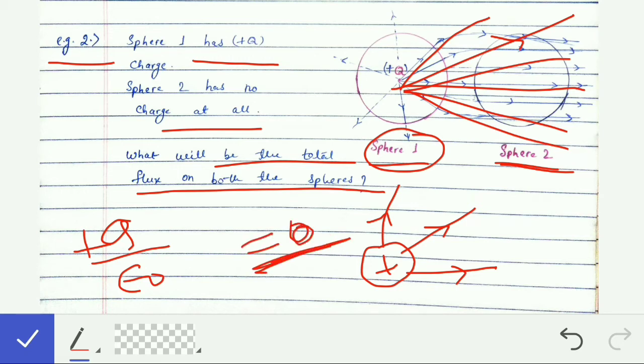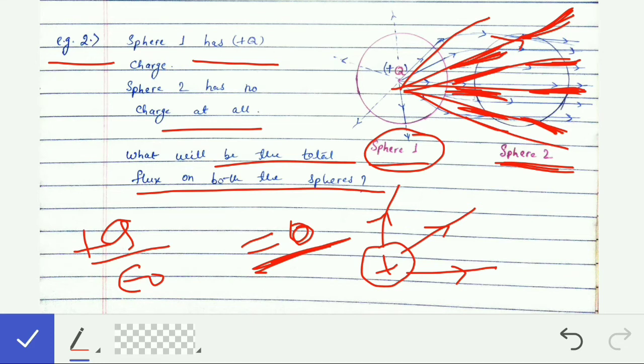Why is it zero? The number of electric lines of force coming inside the second sphere is equal to the number of lines going outwards from this second sphere. So the net electric flux in the second sphere is 0.